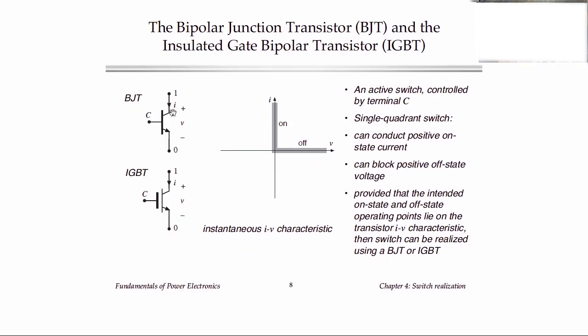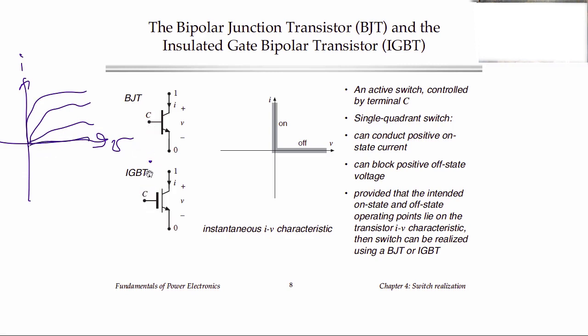Okay, power transistors such as the bipolar junction transistor or the newer insulated gate bipolar transistor are devices that have, if we plot the instantaneous voltage and current, characteristics like this, depending on the gate voltage of the IGBT or the base current of the BJT.